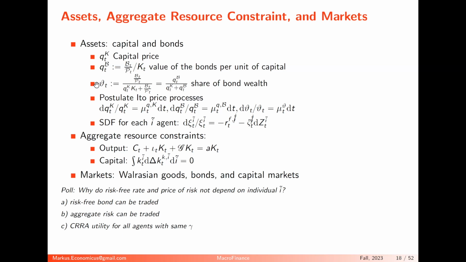Then one element which will be very important is this var theta. Think of all the wealth in the economy. Some part of the wealth is QK times K, the wealth of all the machines, all the physical capital in the economy. And then there's the real wealth, always in the consumption numeraire, of all the government bonds. The denominator is the total wealth, the total net worth in the economy.